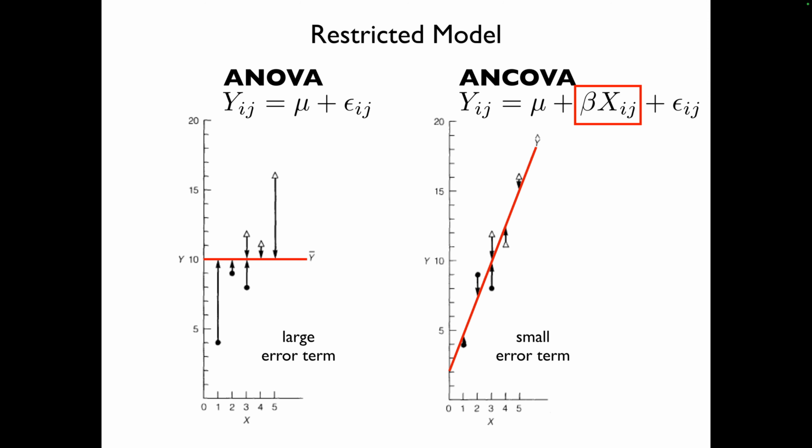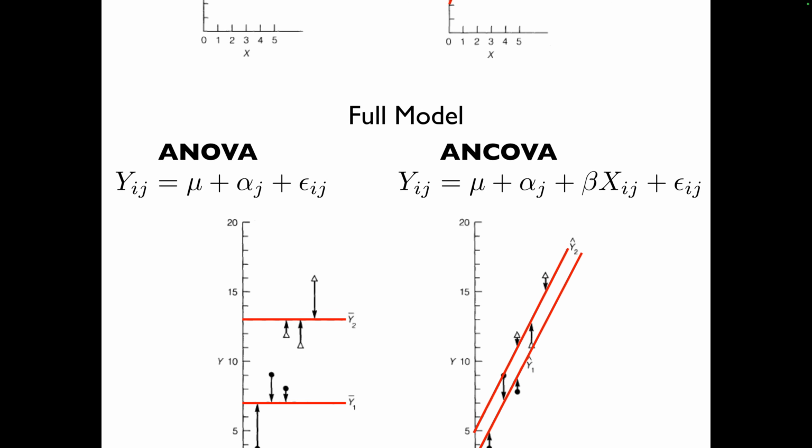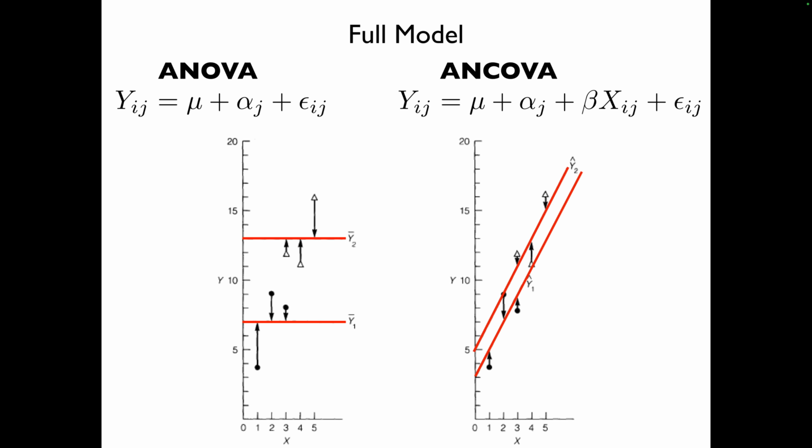So you can see immediately how it reduces the error term because those vertical distances are smaller. And this is before we even consider the full model with the factor. Here's what the two full models look like.